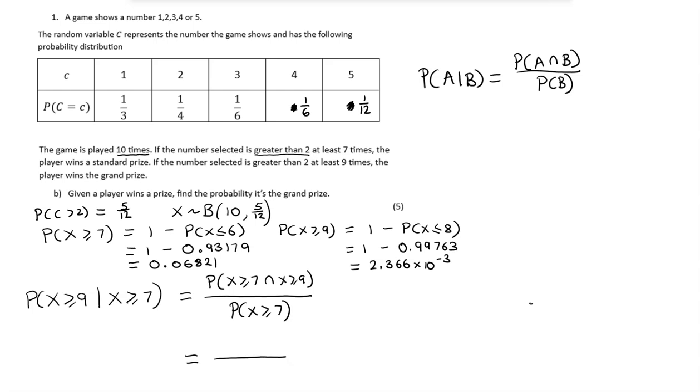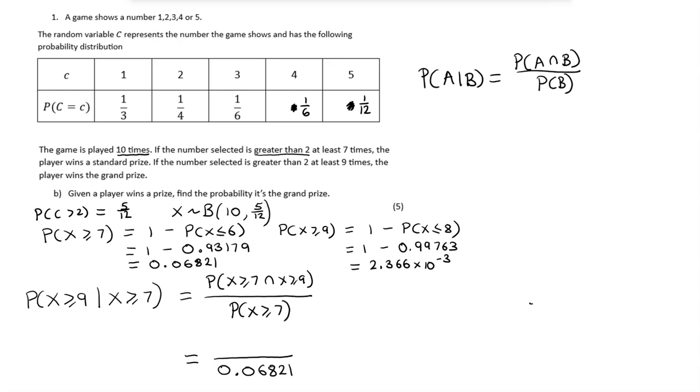On the bottom of my fraction, I'm restricting this to the cases where you win a prize. So that's the probability of x being greater than or equal to 7. On the top of my fraction goes the probability that you get 7 or more successes and you also get 9 or more successes, which obviously has to just mean you get 9 or more successes, because both of those events can only happen if the number is 9 or 10.